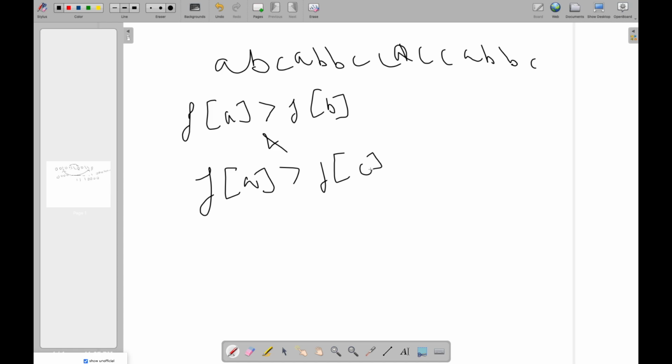Now here, remember, let's say it's something like this. Imagine all the positions where A is at. Now take any 2 consecutive A's and we can figure out if taking this is beneficial or not in our final substring.